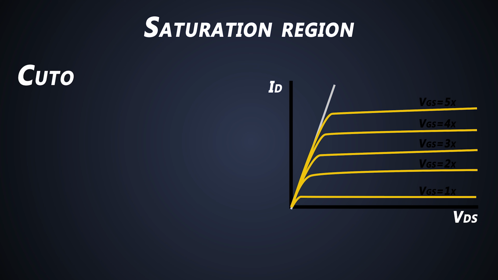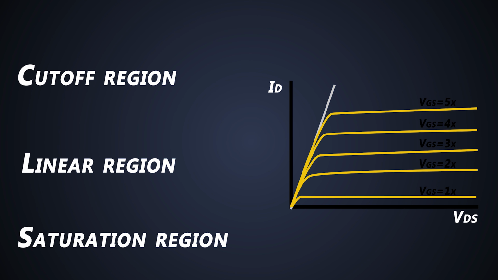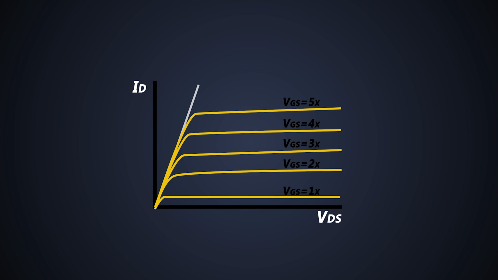Well, before moving forward, we should know what the saturation region of the MOSFET is. We all know a MOSFET works in three regions, which are cutoff, linear and saturation. If we see the N-channel MOSFET characteristics, this is the cutoff region where the MOSFET is turned off.